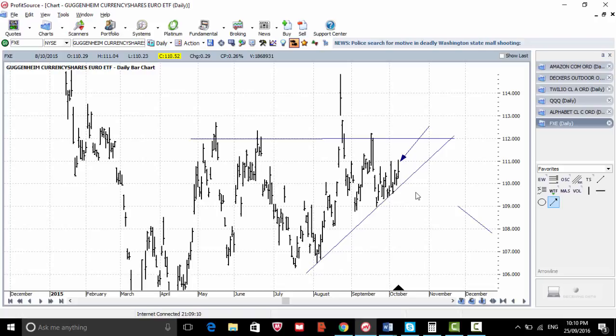So I'm going to push forward a couple of days until we get to the next reckoning point, which is when the euro either closes above that resistance level or closes below this trend line, because then we need to do the next step.